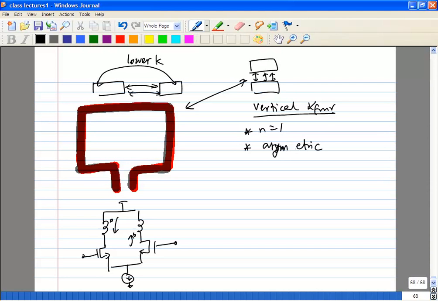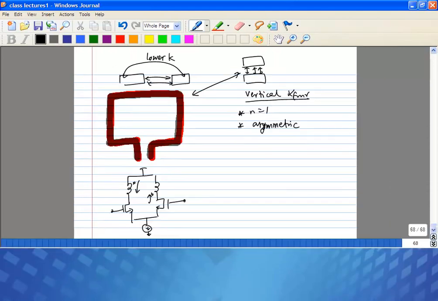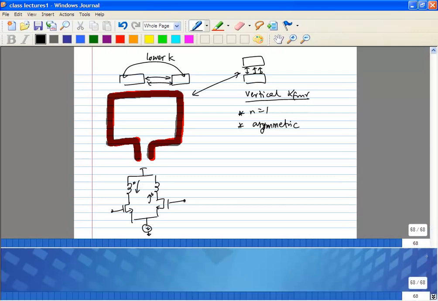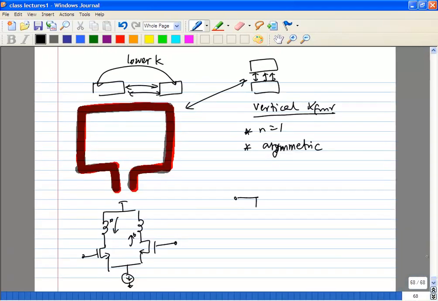However, let's say you have something like this. So you have Vn and it's a differential signal. You want to convert it to single ended.